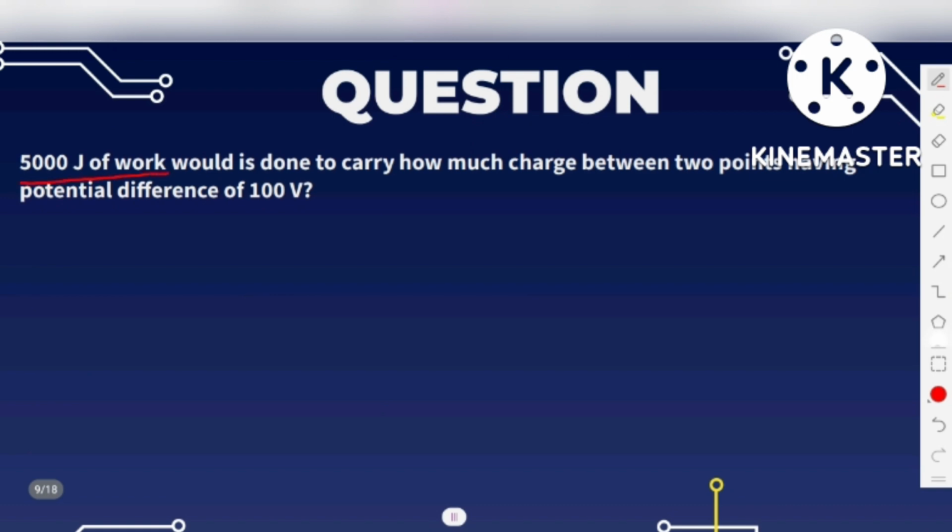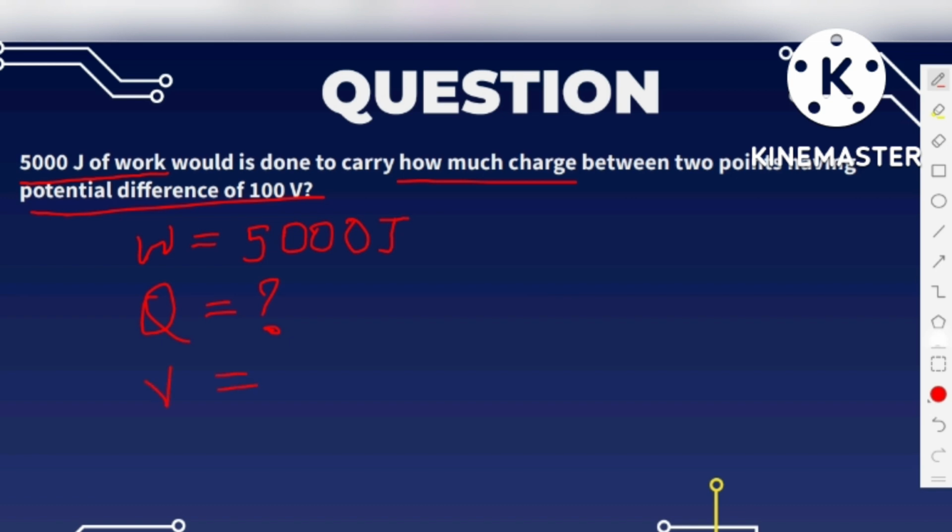5000 joules of work. So they already gave it as work done is 5000 joules, to carry how much charge? So we need to find the Q. Alright, we don't have it, whereas the potential difference is given as 100 volts.